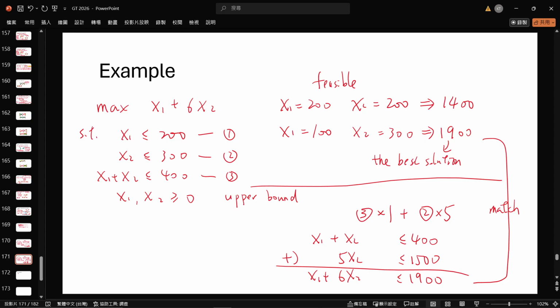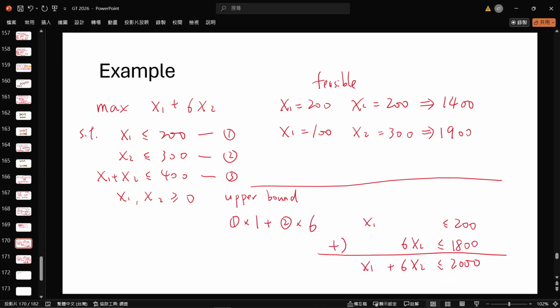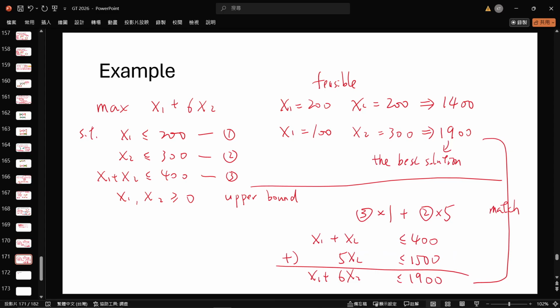For example, the first solution gives us 2 and 1800 for the right-hand side, and the second solution gives us 4 and 1500. So by adjusting the weights, which we now view as variables, we can adjust the right-hand side.